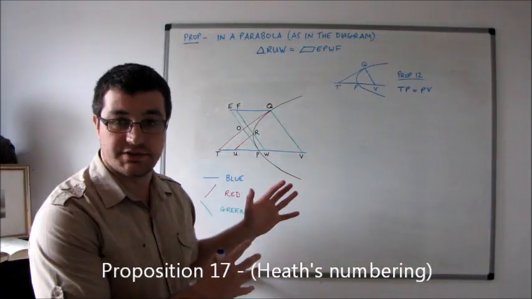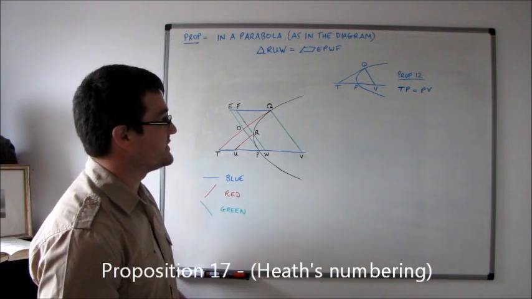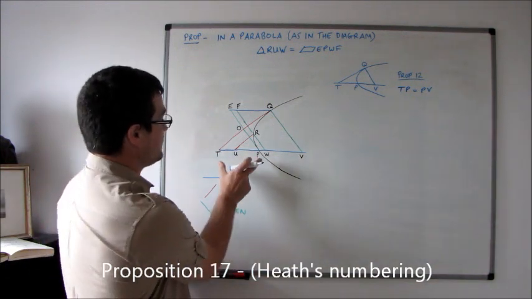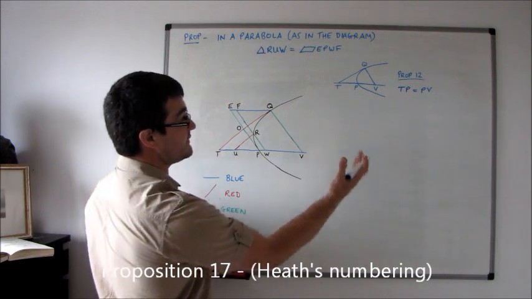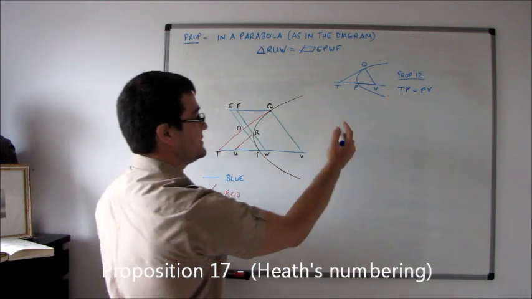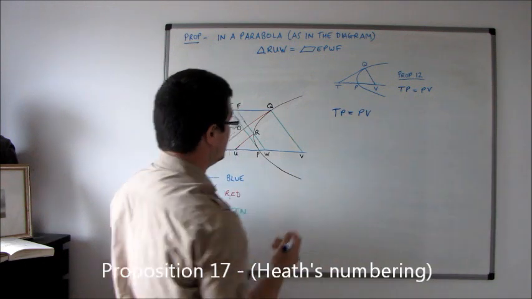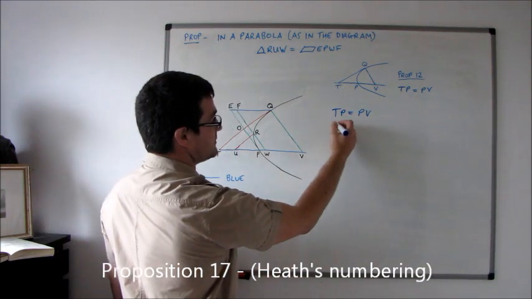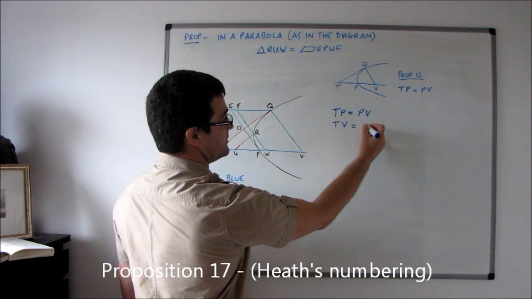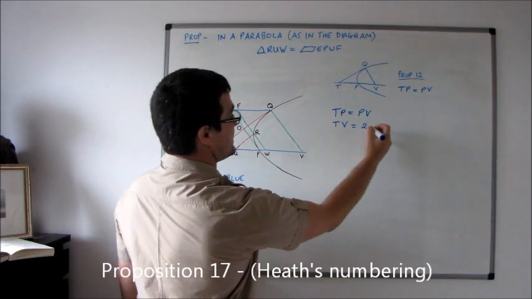So the start point for us with this particular proposition is to notice that TP is equal to PV as shown in proposition 12, and therefore TV is equal to 2 PV.